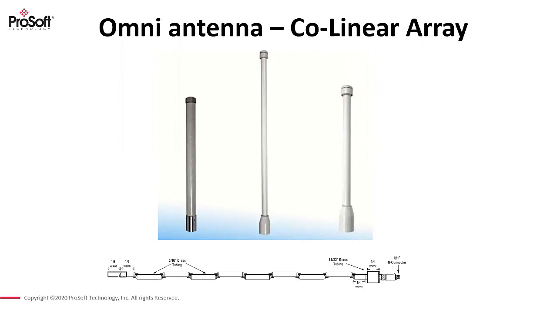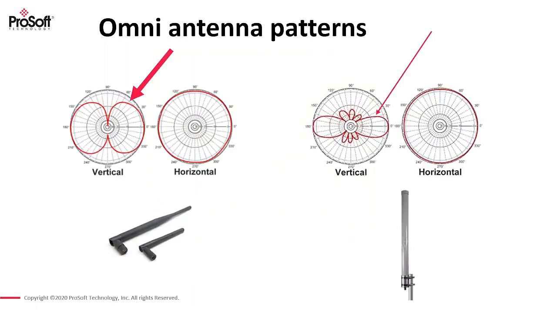But where it's traveling further, that vertical beam is going to be a lot narrower, as shown in this next slide. If you look at the vertical beam in the antenna pattern on the left, with that red arrow, it's quite a wide vertical beam. And then on the right, when we're using the collinear Omni, it's a lot narrower.